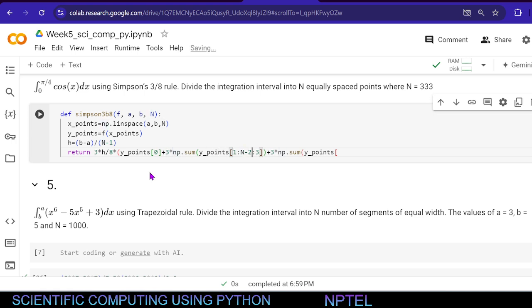Then from 1 to, I can just say -1, right? So all 1, 4, 7, they get 3 by 8. Then from 2 to -1 in steps of 3, they also get 3 by 8. Sorry, 9 by 8, but we have taken 3 out.